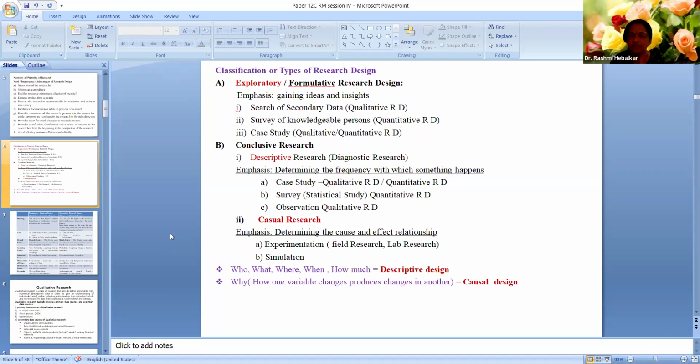Whenever apparently some information is available, but we want answers to why and how, we generally do exploratory research. Why it is done, underlined points are there.